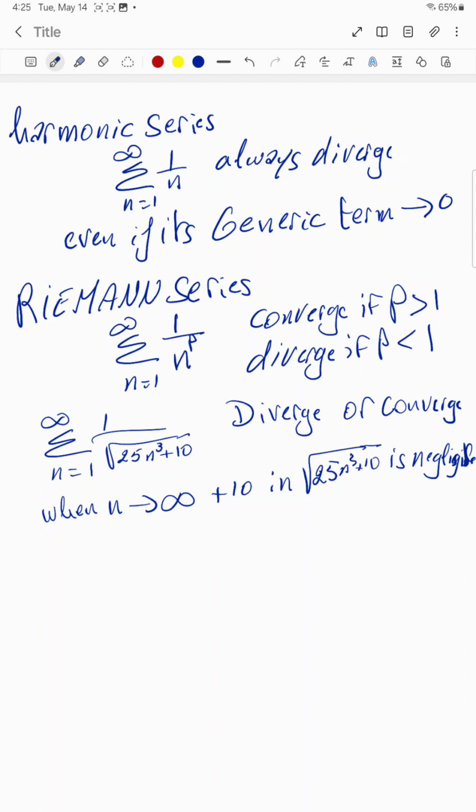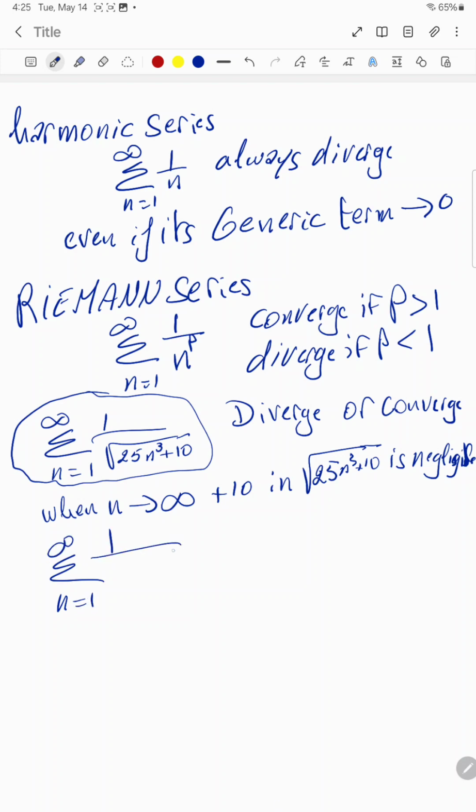So if I want to study whether that series converges or diverges, I can make my life easier and study the sum from n equal 1 to infinity of 1 over the square root of 25 n to the power of 3.